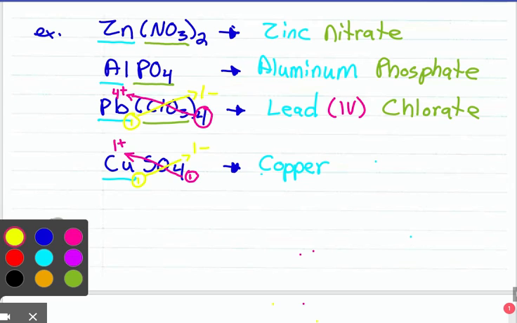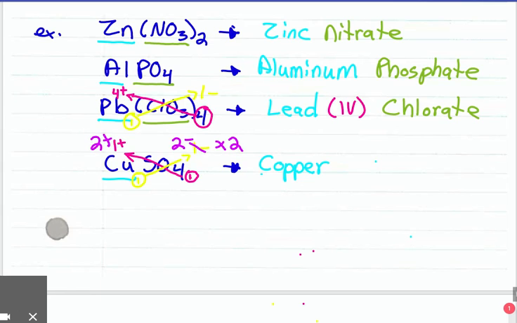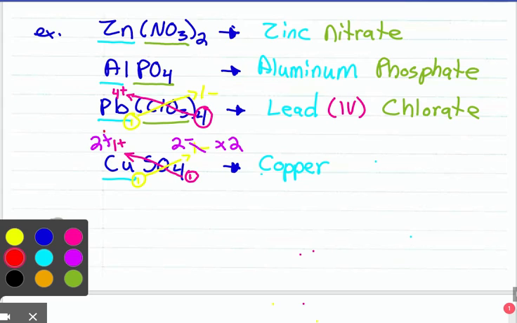And if you look, the sulfate does not have an ionic charge of 1 minus. It has an ionic charge of 2 minus. So you have to multiply all of these by 2 to give sulfate a 2 minus, and the copper becomes a 2 plus. So what this means is that copper's Roman numeral is actually 2 plus.